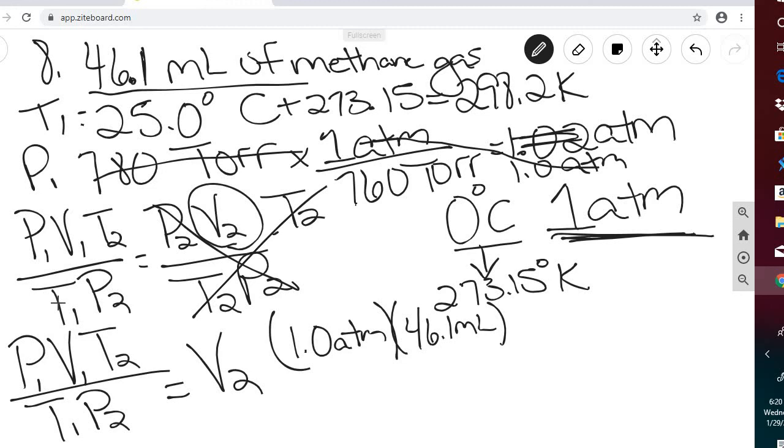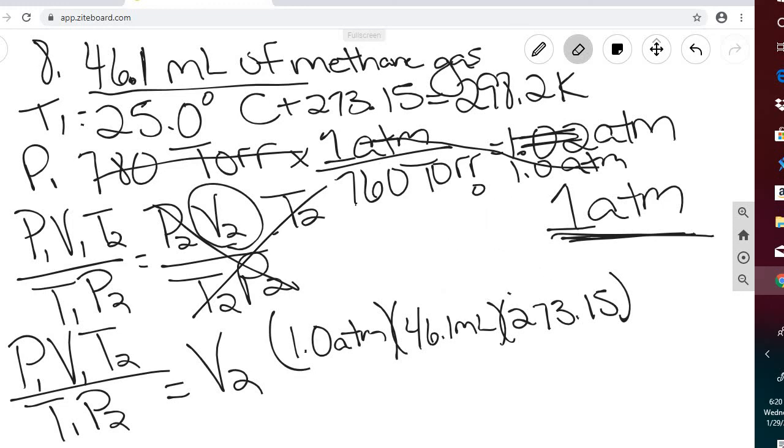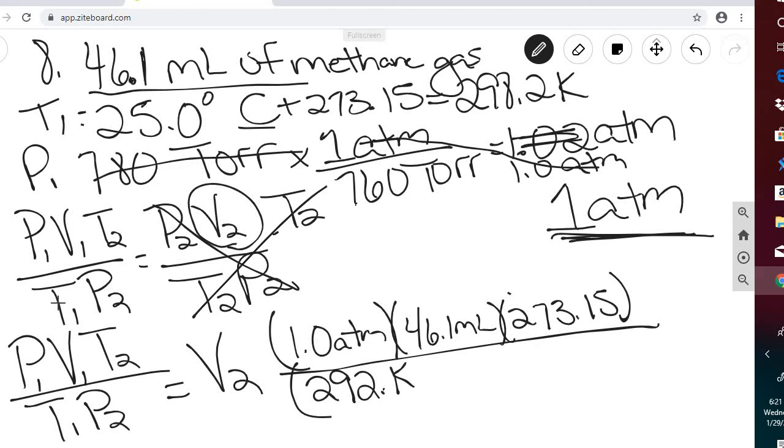T2 was the standard temperature, which in Kelvin is 273.15, so it was 0 plus 273.15. And then our T1 was 25 degrees Celsius, but that's 298.2 Kelvin. And P2 was 1 atmosphere.